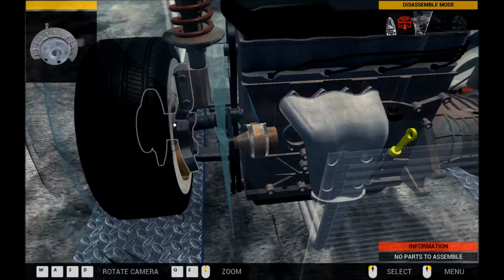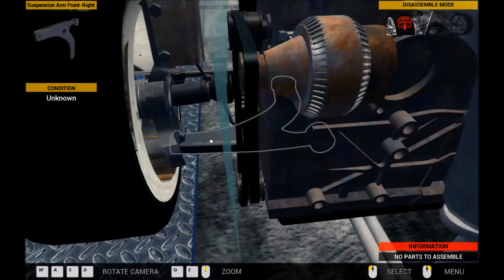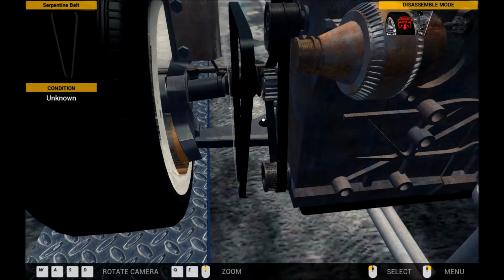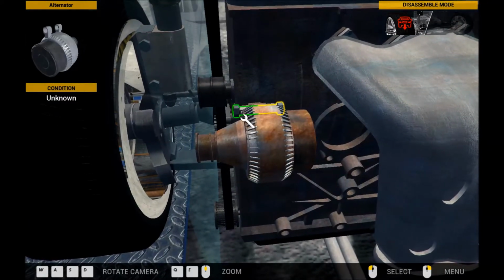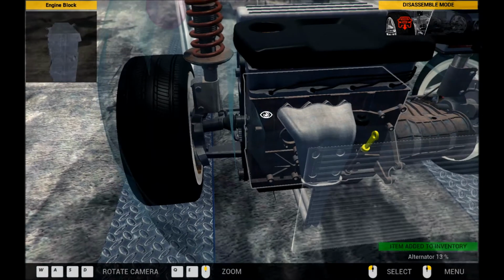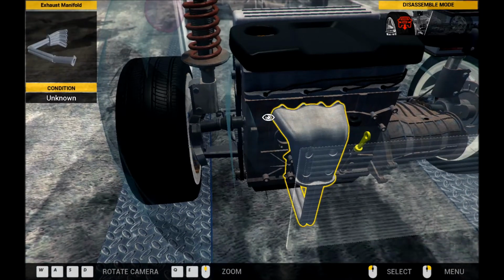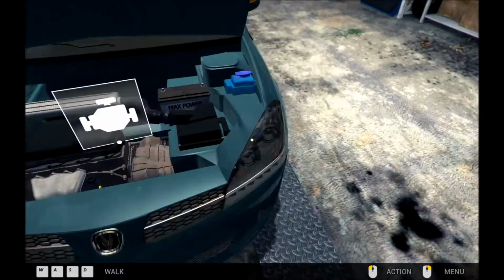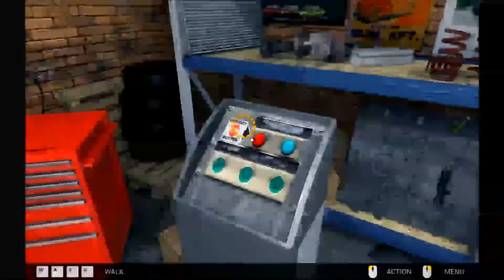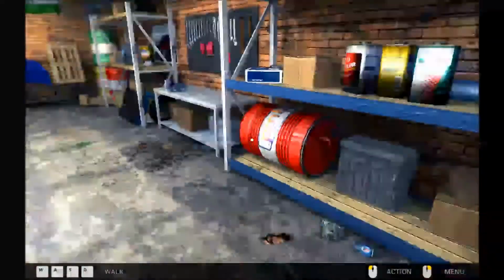We're in disassemble mode. So I have to take off the belt first, which is fine. And the alternator with its sweet little bolts is unfine. Okay, so that's that element. I'm just going to pop it up in the air and have a look from underneath. Do a basic inspection.